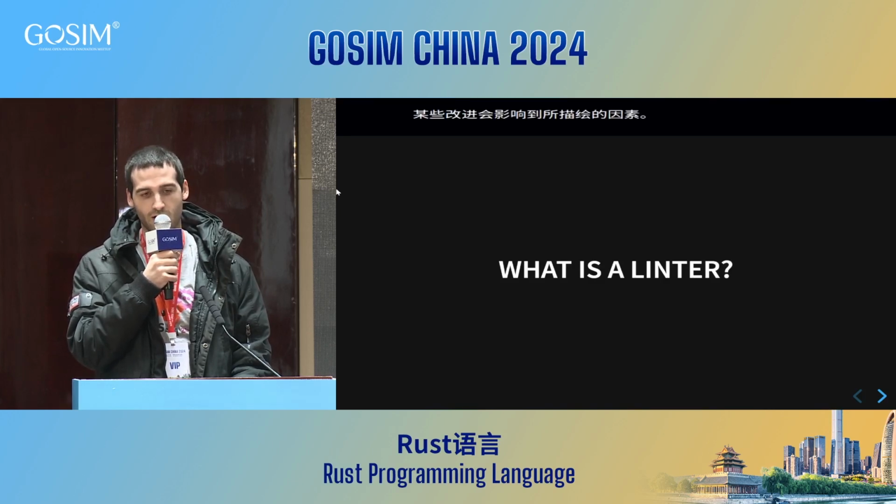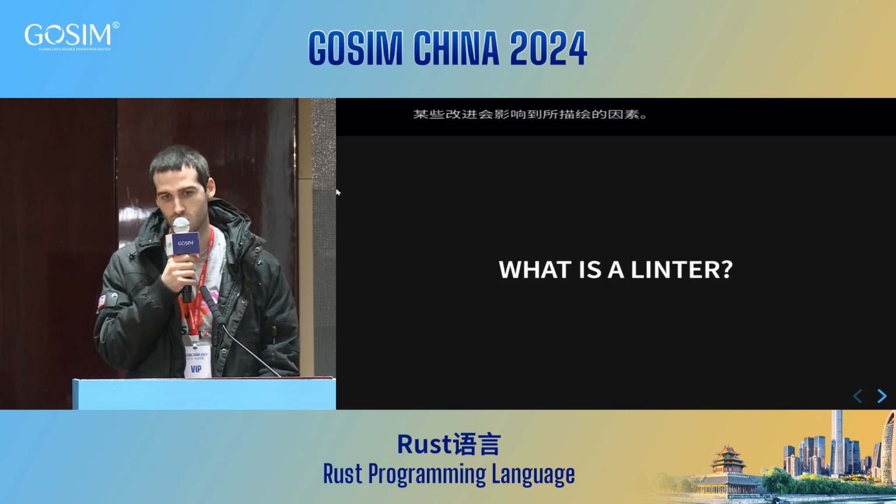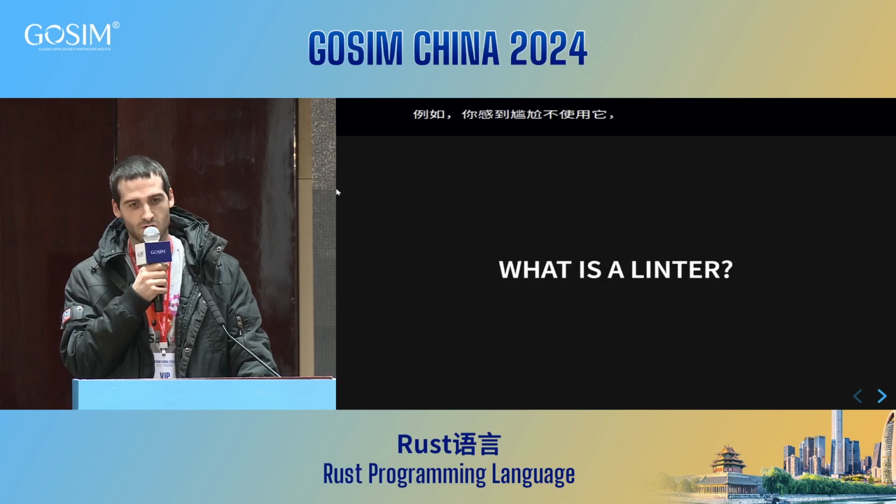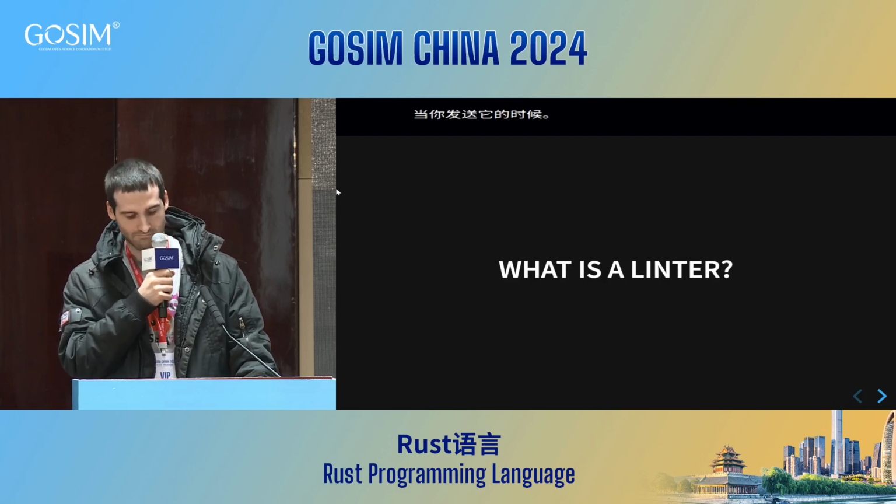For example, you are cloning and you actually don't use it, you can just send a reference, many things. So a linter is a very important part of any Rust code base, and Clippy is this linter for Rust.